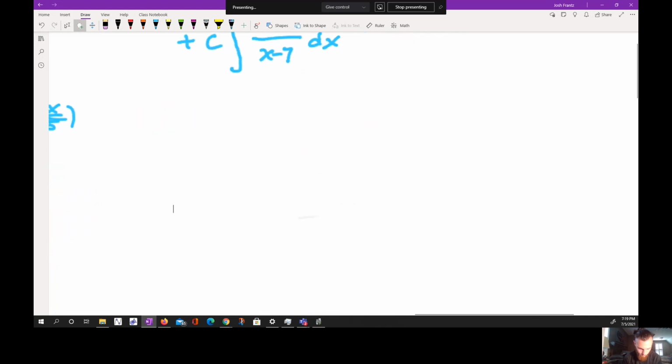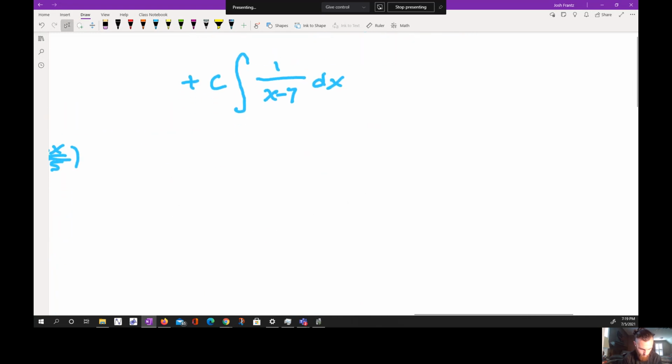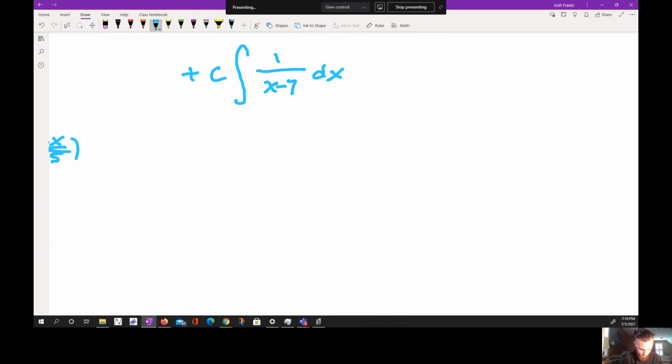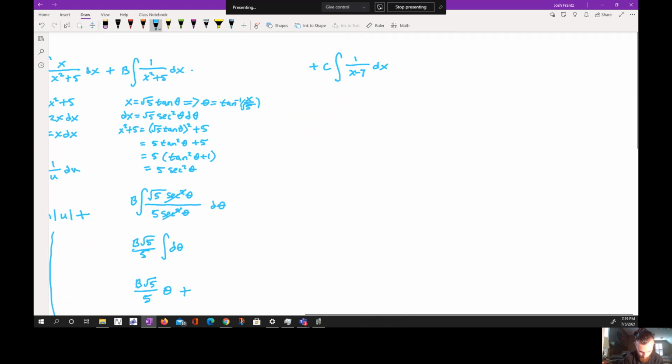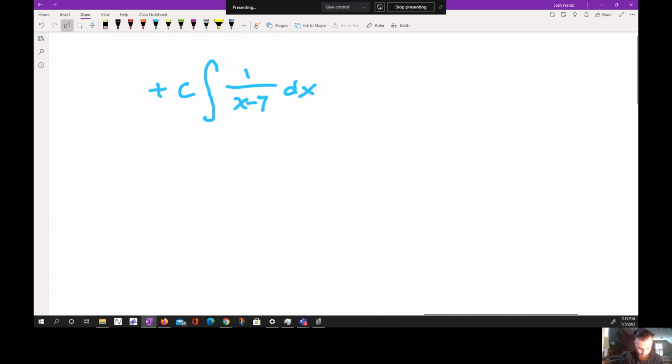So that way all we have left to do is find the coefficients a, b, and c. And this last one, you can just use a basic U substitution. So we say U equals x minus 7, du equals dx.